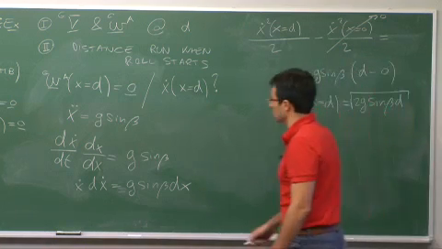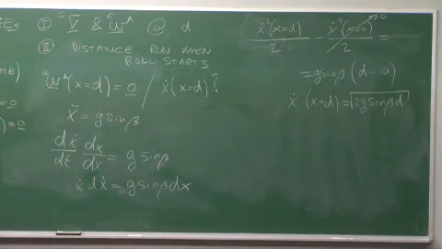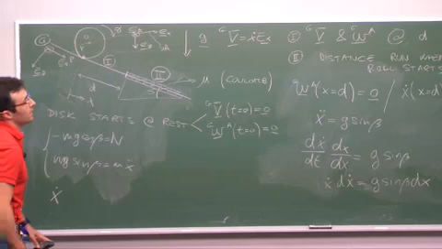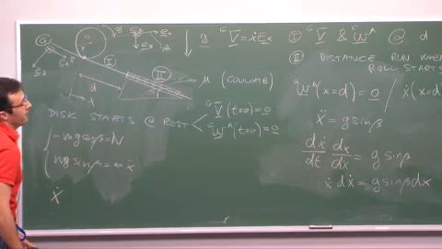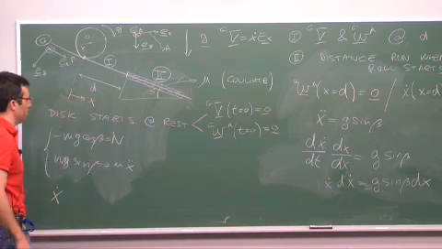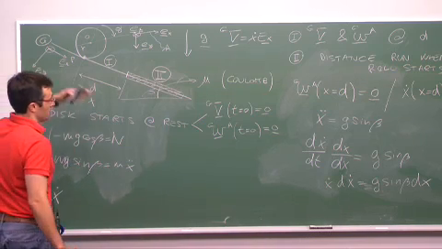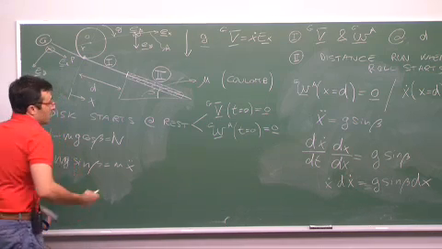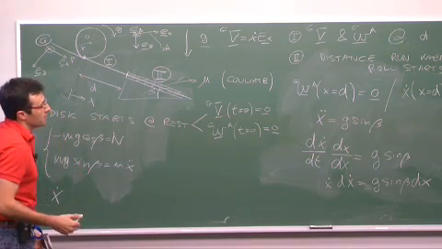The reason we know it's positive is because x double dot is also positive, so x dot has to increase from 0. It starts at 0, so increasing means it goes to positive values.